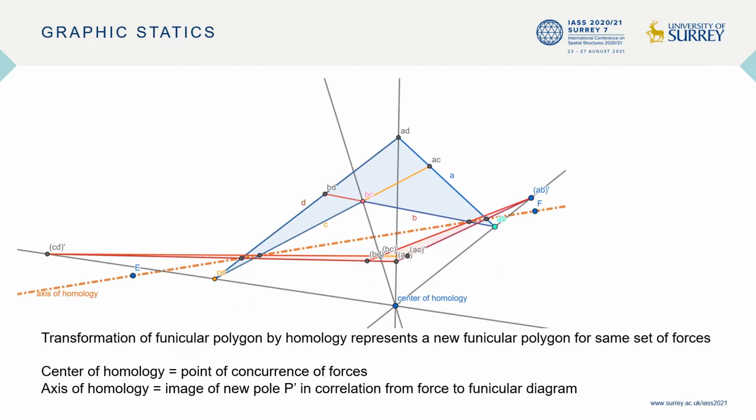The funicular diagram, which represents the lines of action of a set of forces in equilibrium with AB, BC, CD, and DA, can be transformed by a homology with center O to any other funicular diagram without returning to the force diagram.